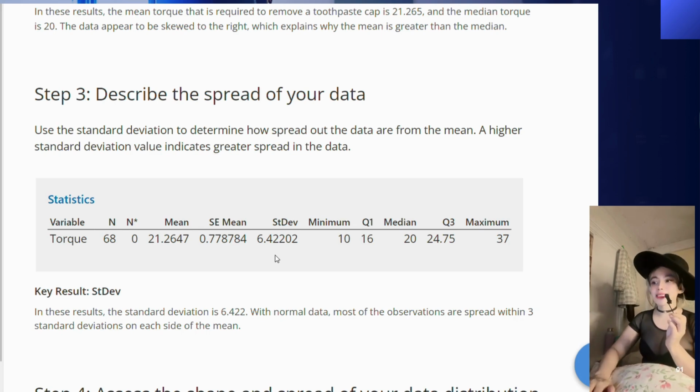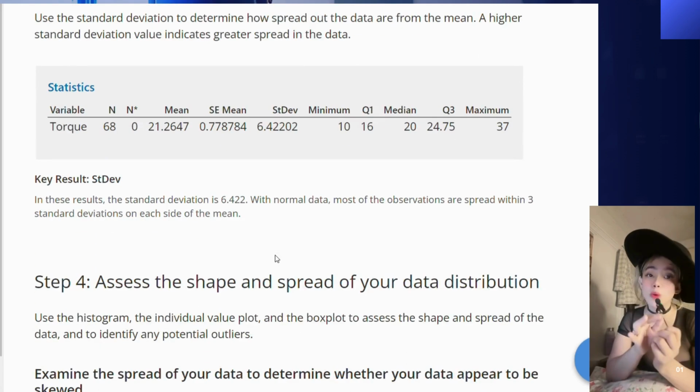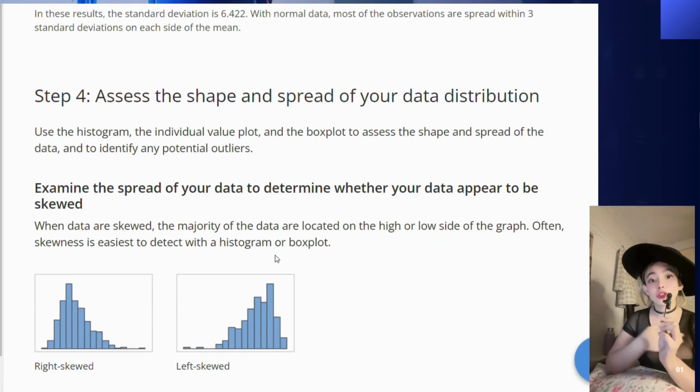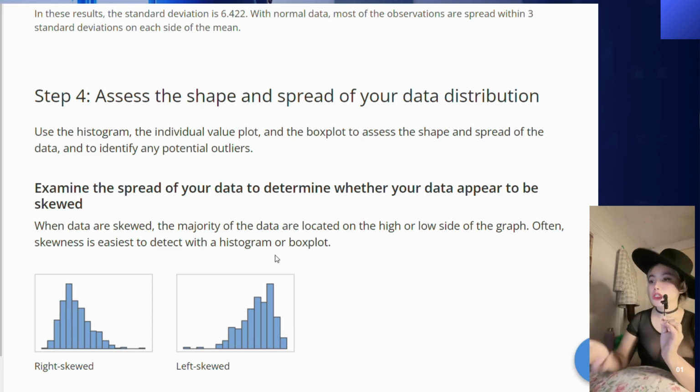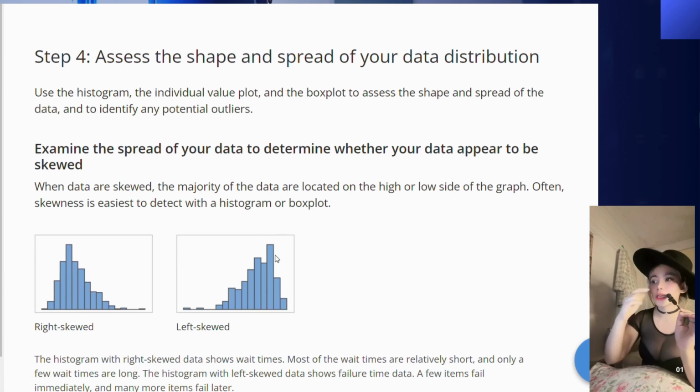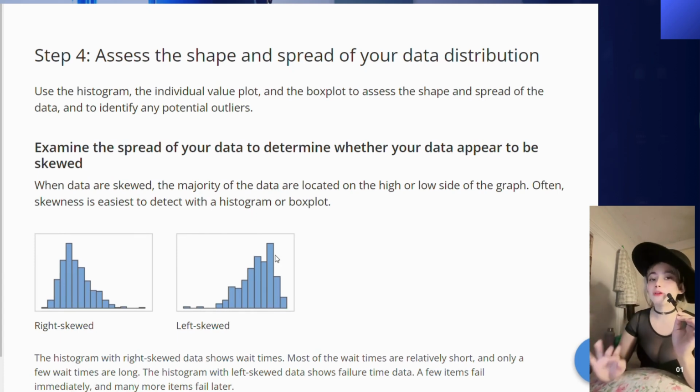Okay, number four, assess the shape and spread of your data distribution. This is one of the most exciting parts when it comes to creating descriptive statistics, because it assesses the shape and the spread of your data distribution. So use the histogram, the individual value plot, and the box plot to assess the shape and spread of the data to identify any potential outliers.